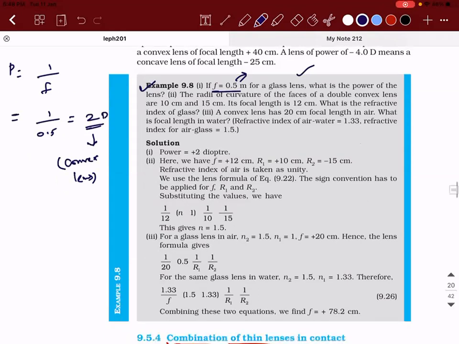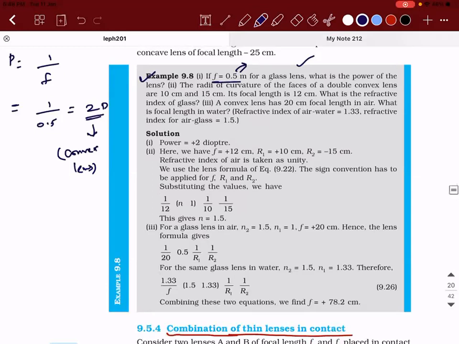Similarly, the radii of curvature of the faces of a double convex lens are 10 centimeter and 15 centimeter, and the focal length is 12 centimeter. What is the refractive index of the glass?